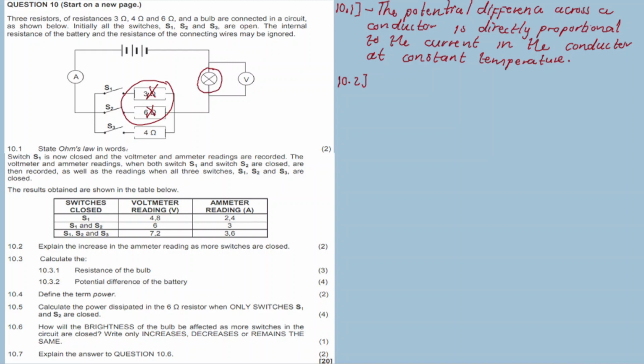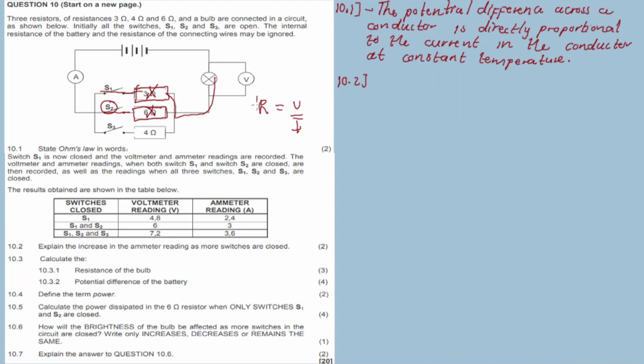Look now. Initially, when I closed switch 1, I had a series connection, which has more resistance. When I added switch number 2, I got a parallel connection with the 3 ohm. When I have a parallel connection, what happens to resistance?